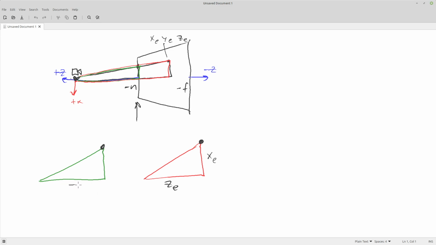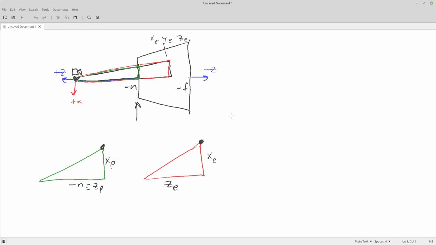This right here is what we want to figure out, because it's the same as z sub p, our z coordinate for the projected point. Similarly, this distance here is the projected x value, x sub p. These are values we already have, we're just using variables here. This is something we don't know the value of, we want to solve for, right?